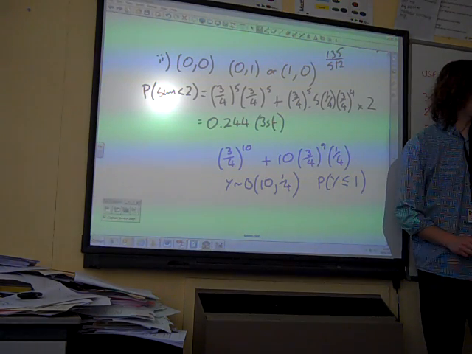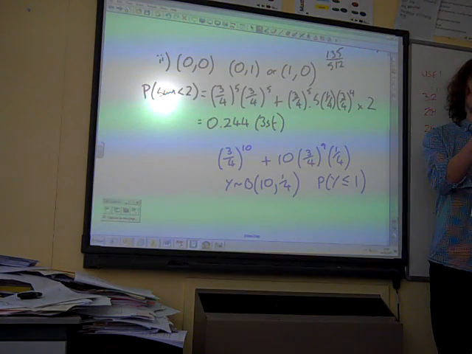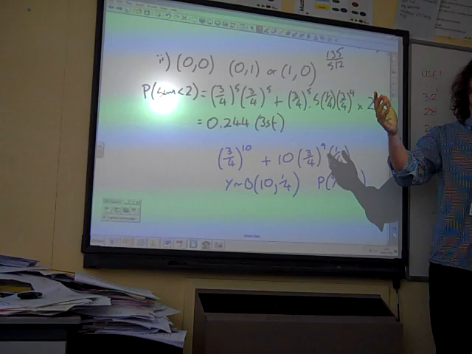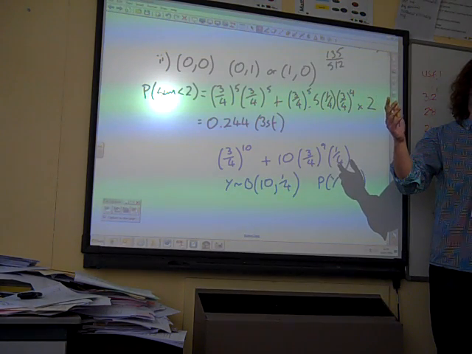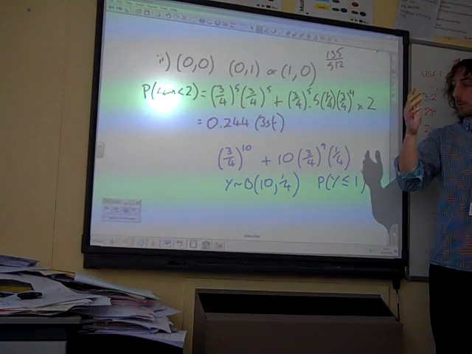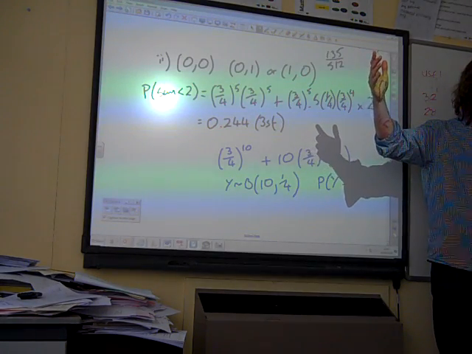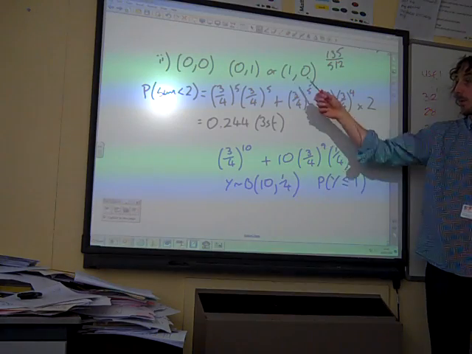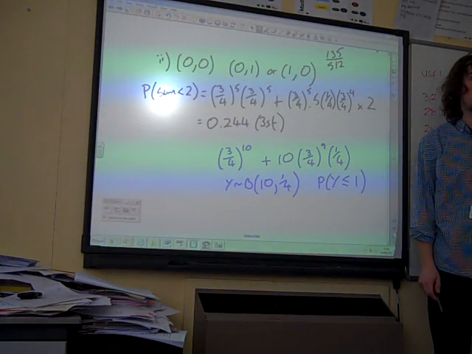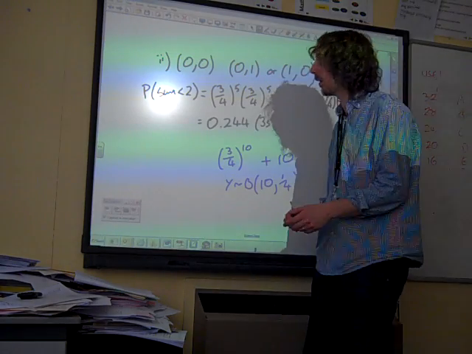And actually, if you think about it, that makes sense. We're choosing 2 values. Each one is from 5 independent trials. We want the sum of them to be less than or equal to 1. Well, that's like choosing from 10 independent trials, getting a sum that is less than or equal to 1. It's the same kind of idea, so it works out to be exactly the same probability. So you could have thought of it as being 10 trials.